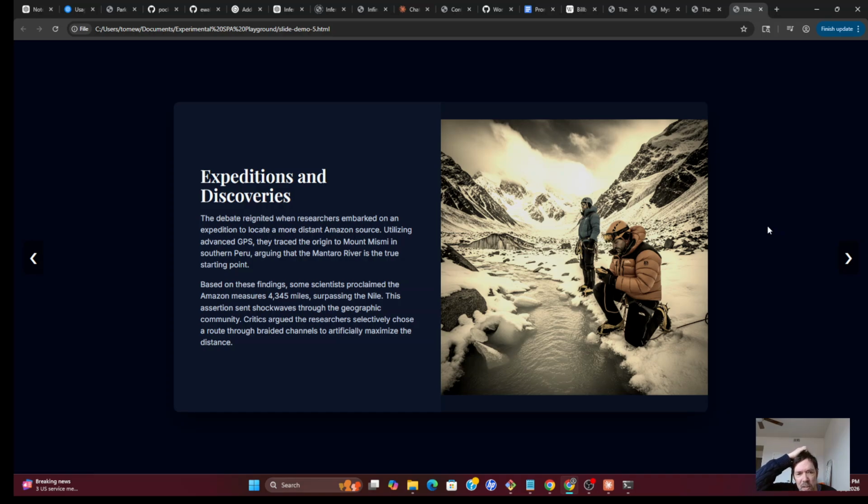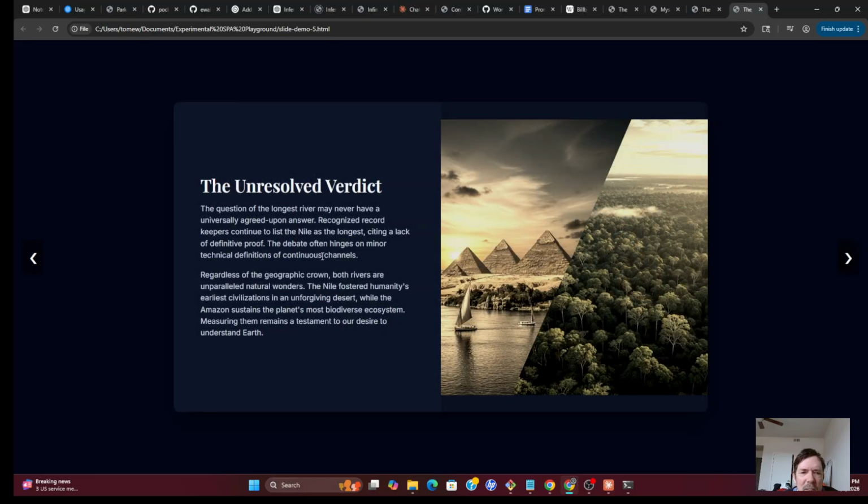That's especially the case with the Amazon, because the length of the river can vary greatly depending on if you have snowfall that's building the creeks that flow into the Amazon. Anyway, that's a quick run through, but I thought it did an excellent job of the presentation. It's really fun to go through and look at, very pleasant visually.